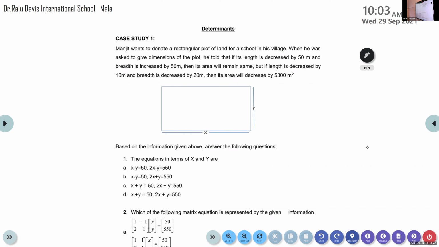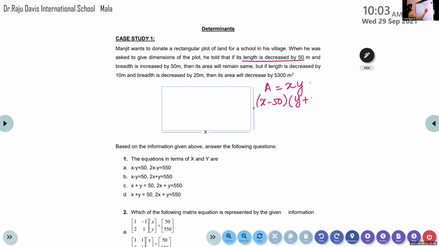The dimensions of the rectangular plot are given. The dimensions are x and y. Length is x, breadth is y. So what will be the area? Area is xy. Now we want to frame the equations. Look at the first condition given here. The length is decreased by 50, and breadth is increased by 50.